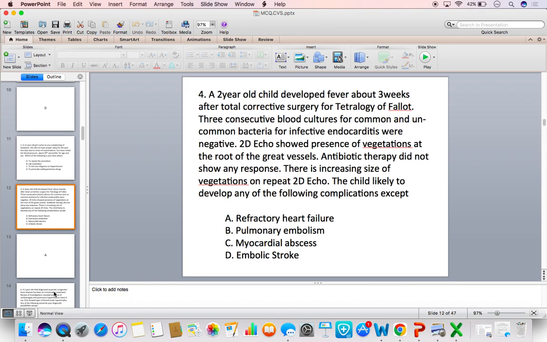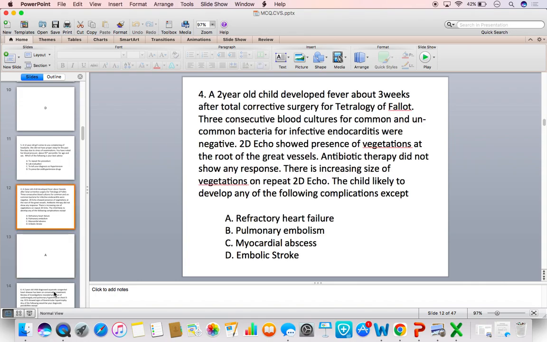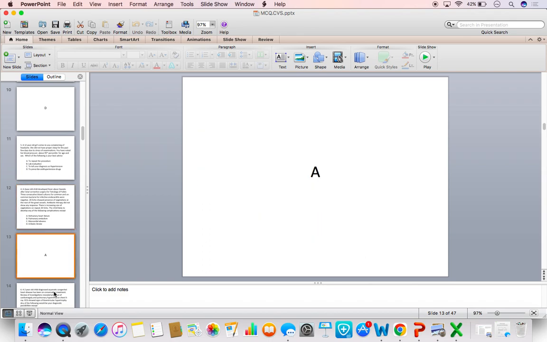Myocardial abscess is uncommon when compared to the rest of the complications. So the right answer is C. It's mentioned here, it is wrong. Answer is C.